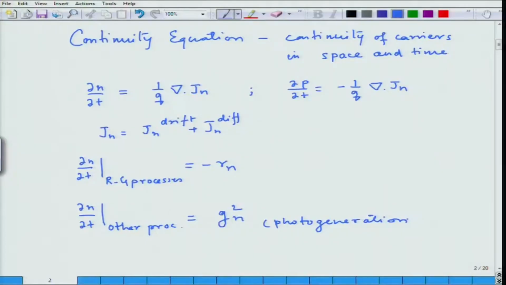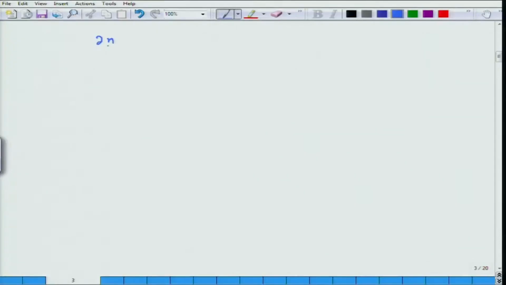So, if we take these short forms for the continuity equation, then what we will find is that the continuity equation can be written in short as del n del t is equal to 1 over q gradient of the current due to electrons plus the generation if it is confined to the photo generation only.